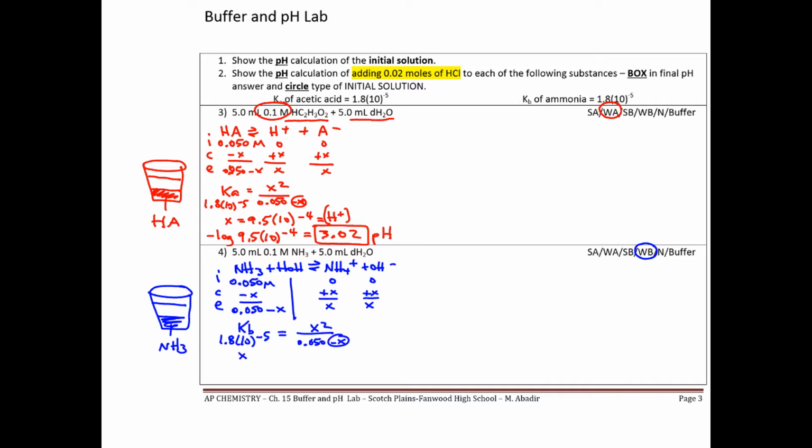So we are going to get the same x as we got before, but remember, this is the concentration of the hydroxide. So when you take the negative log, OH minus equals 3.02, but that's the pOH, so we do 14 minus 3.02, and we're going to get 10.98 as our pH, which is basic, which makes sense.